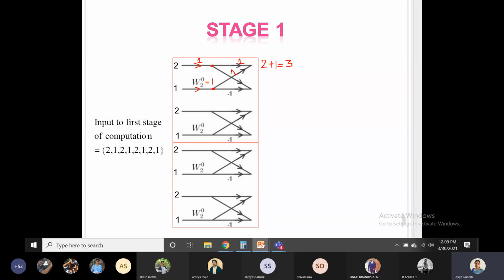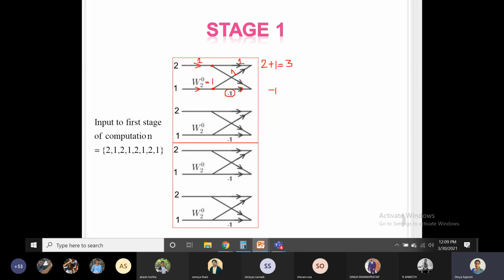Now let us take the next path. Next path, again 1 into 1. So at this point already 1 is there. Now what is the multiplication factor for this path? It is minus 1. Okay, so 1 will be multiplied with minus 1. So the second element reaching here is minus 1.